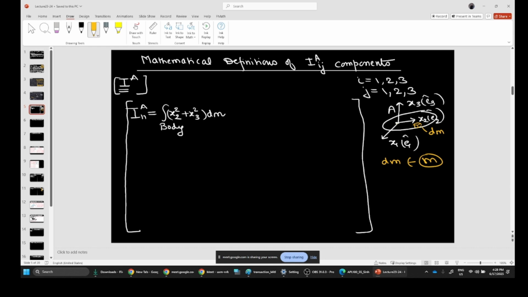And then you will go and look at its centroid, say P. So P is a generic point, a typical point. It has coordinates x1, x2 and x3. Right?